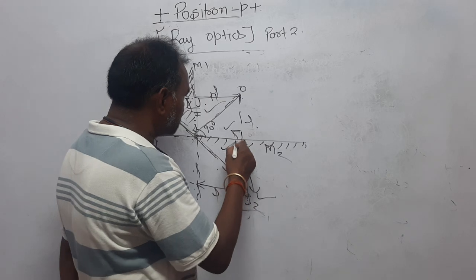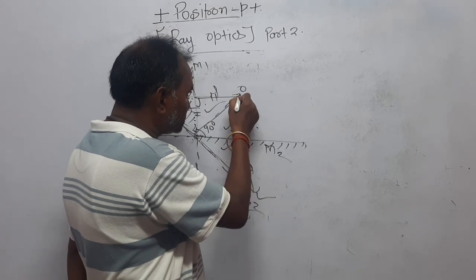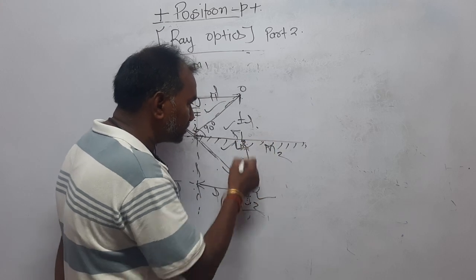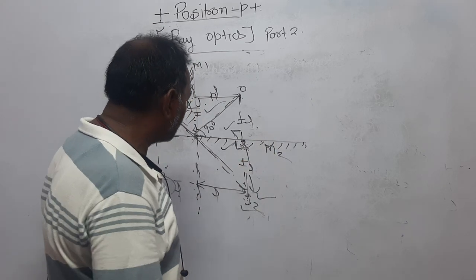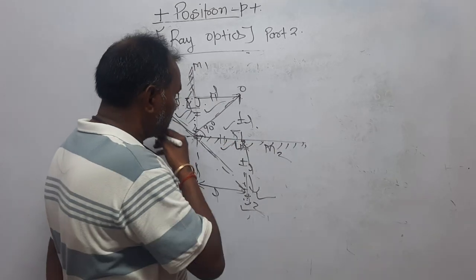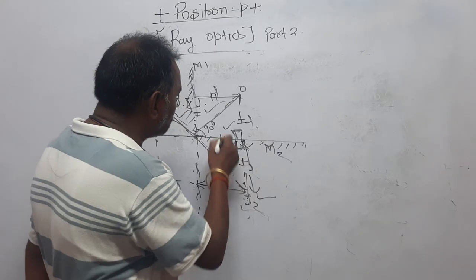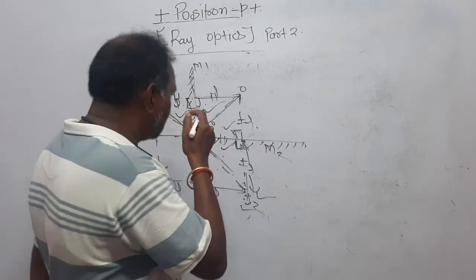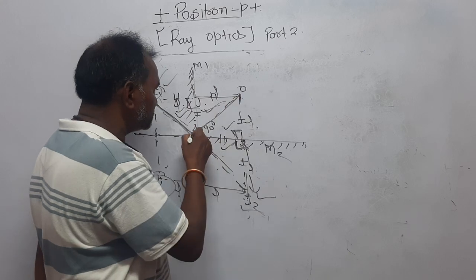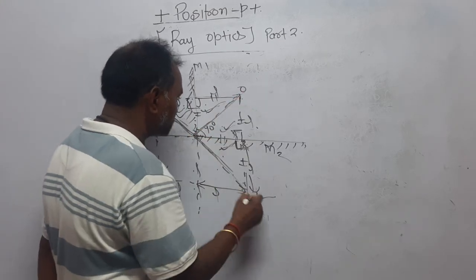The distance of the object from the mirror M2 is equal to the distance of the image from the mirror M2, meaning this is equal. This is common. So again, the two sides and one angle are the same. It means these two are similar, right? First you prove that these two are similar, so this is equal to this, and now these two are similar, meaning this is equal to this.